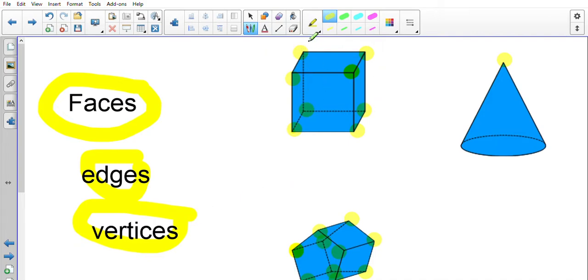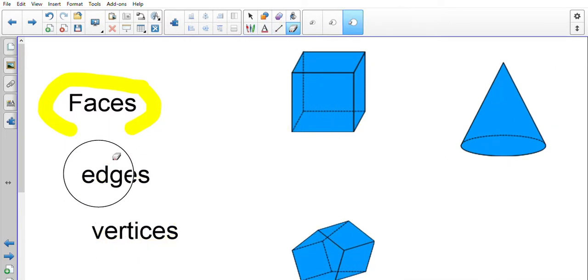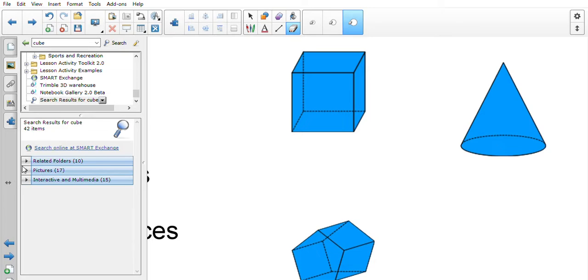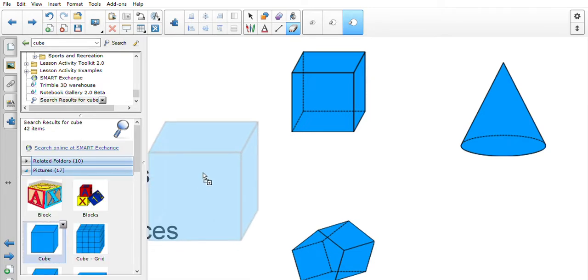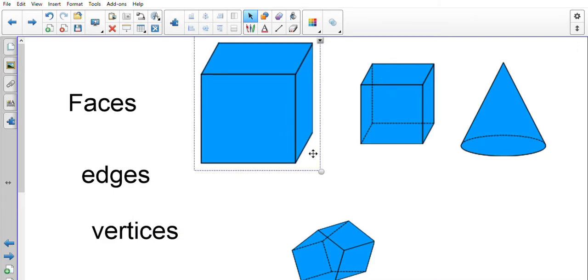Now, for these ones, these are quite simple. These are quite easy to look at, because you've got this dotted line behind, which shows you that it's there. The trickier way of looking at those is if I pop out a cube here, where we don't actually have those dotted lines behind.